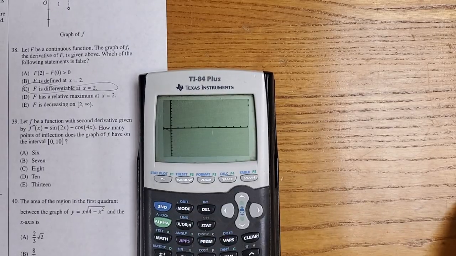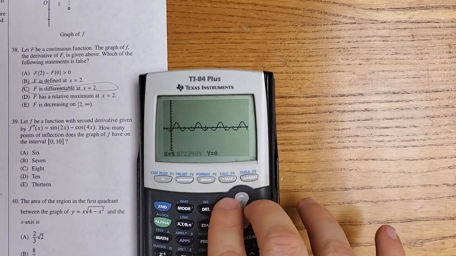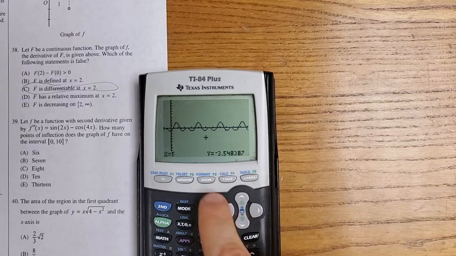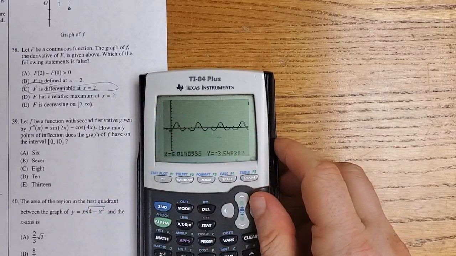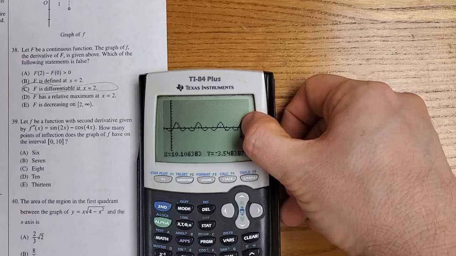And then when we go to the graph, we are zoomed in as much as possible nicely. The individual widths of the pixels are not exactly nice values, but that's not super relevant to us. All we know is that 0 and 10 is going to be right around there. That tick mark is the 10.